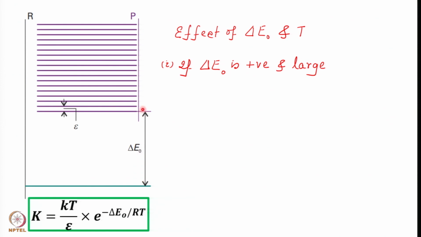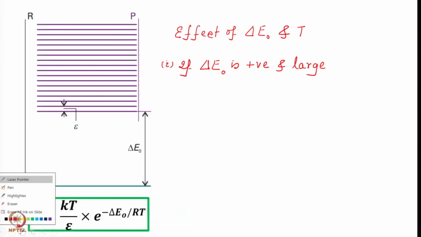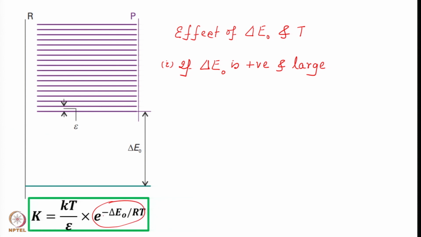Then the value of equilibrium constant is going to be small. So if delta E naught is large, that means exponential minus large quantity, which is equal to 1 over exponential large quantity, that is going to reduce the value of K. So K is going to be small.